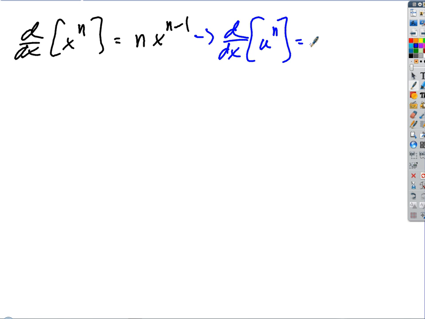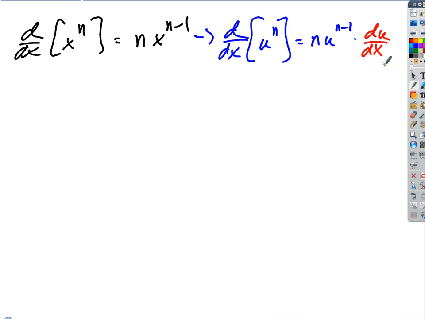So n u to the n minus 1 times the derivative of u, which is du dx, right? That's our new way of writing the power rule.